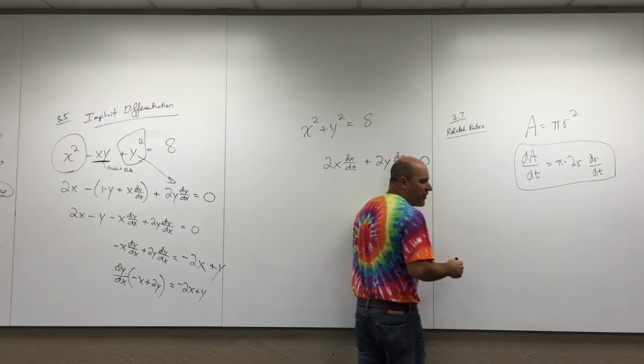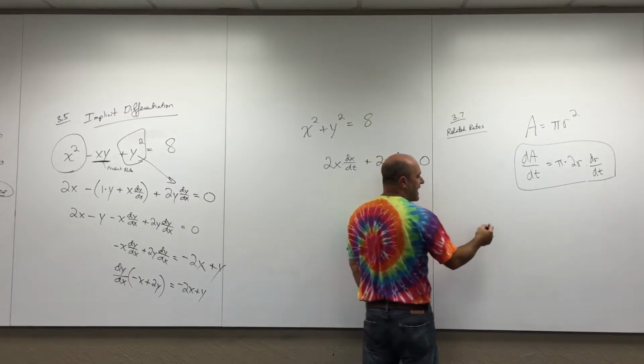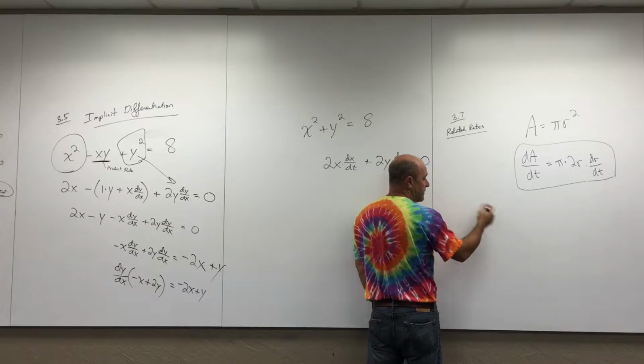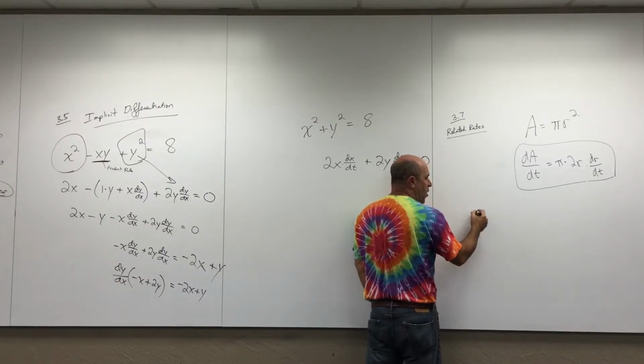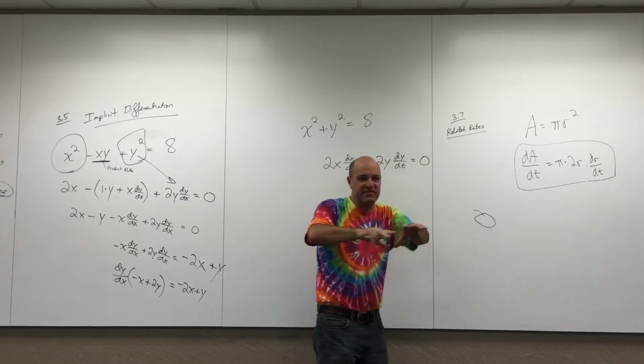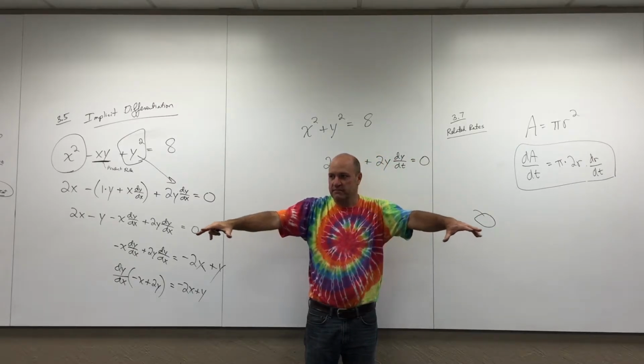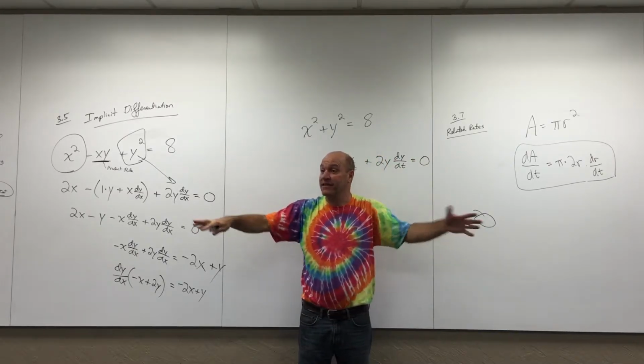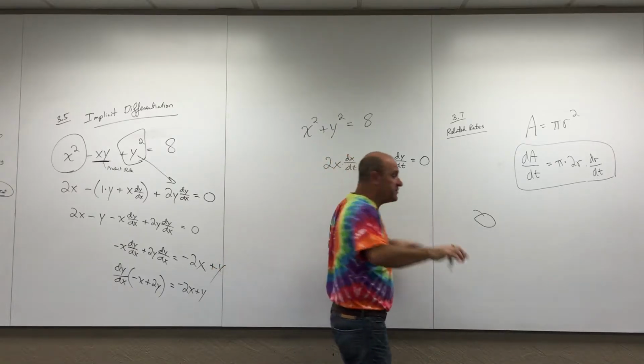The classic word problem, they write up all kinds of word problems, but a classic word problem is, you know, some oil tanker is spilling oil in the Gulf of Mexico. And that oil is spilling out of the tanker, and it's forming a circle right on top of the Gulf of Mexico. And it's spreading, right? Because oil's pouring out, so it's spreading.